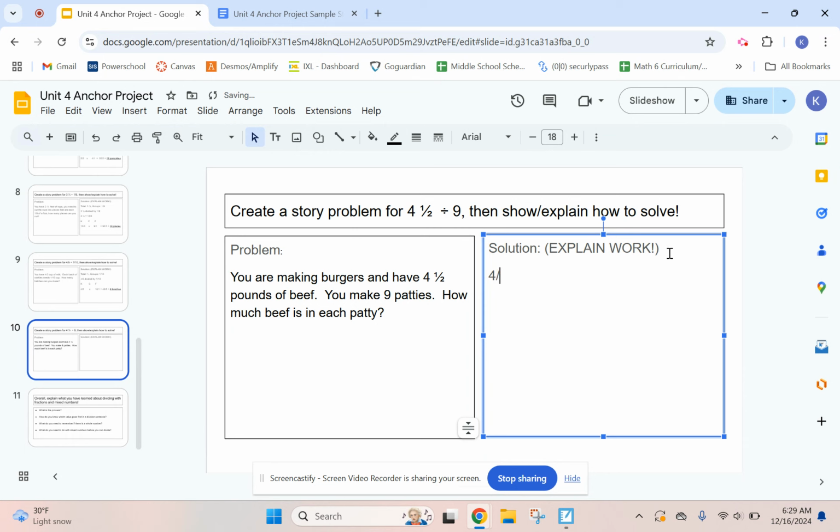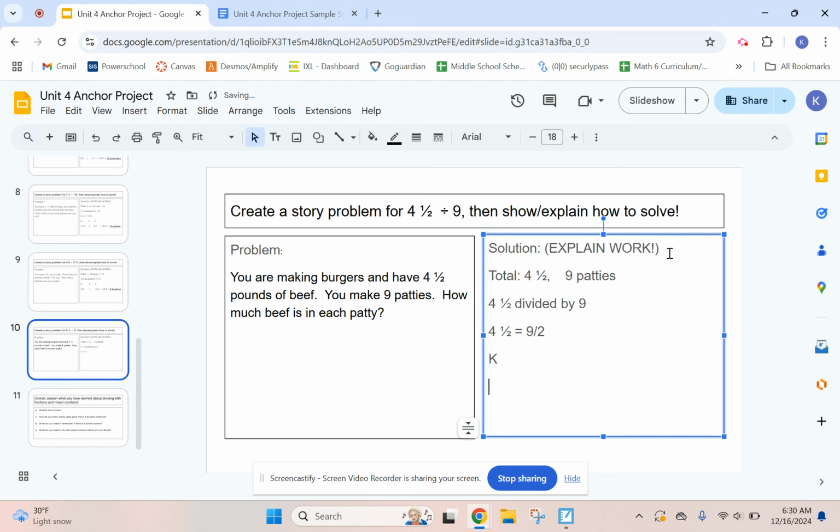All right, so our total is 4.5. That's how much beef we have. And then we have 9 patties. So we have 4.5 divided by 9. 4.5 as an improper fraction, because remember, any mixed numbers we need to change to an improper fraction. 2 times 4 is 8, plus 1 is 9 over 2.